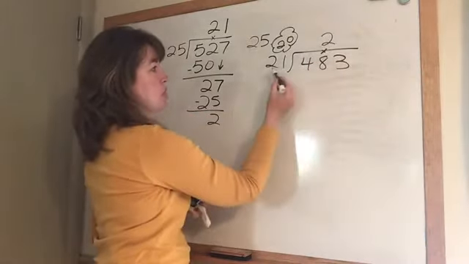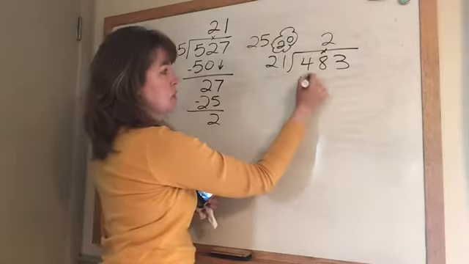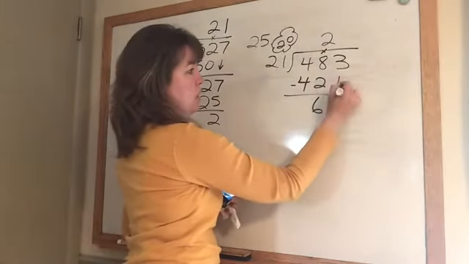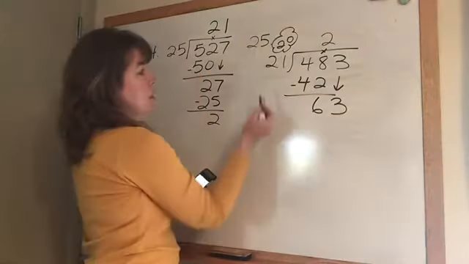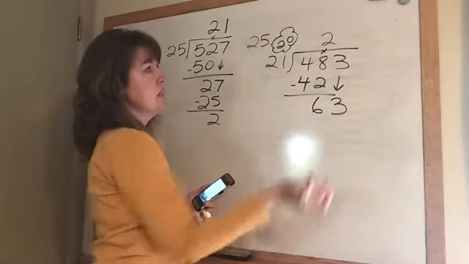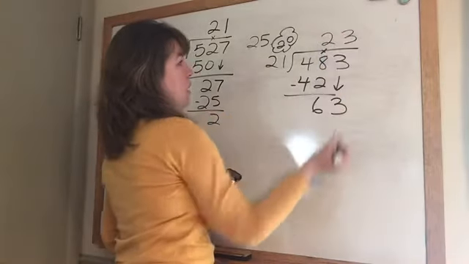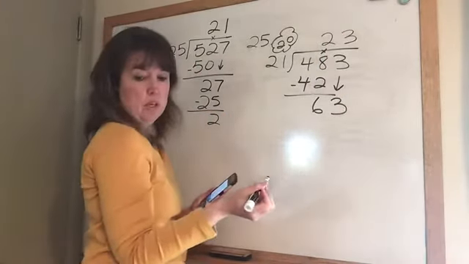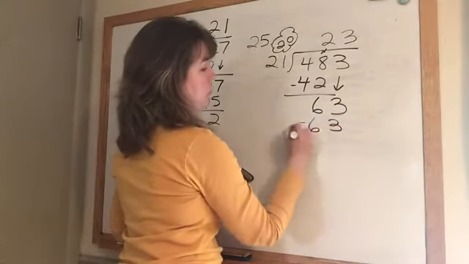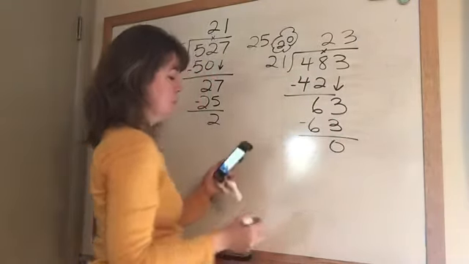And then 2 times 21, that's 42. Subtract, you get 6. Bring down your 3. Okay, 20 goes into 63, 20, 40, 60, 3 times. And then 3 times 21 is 63. And you get 0, okay?